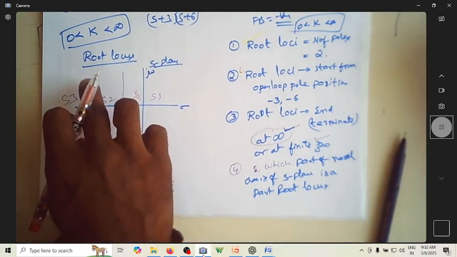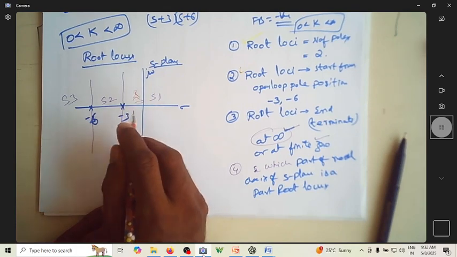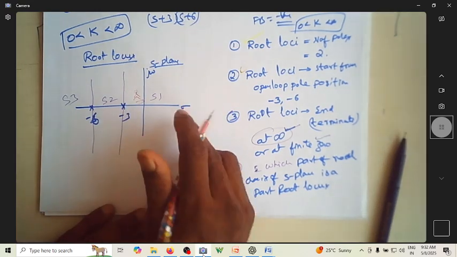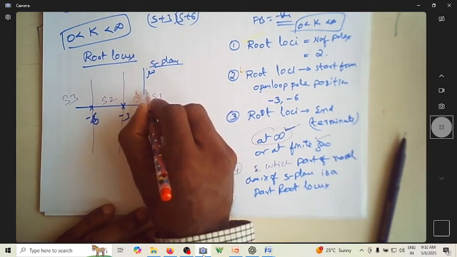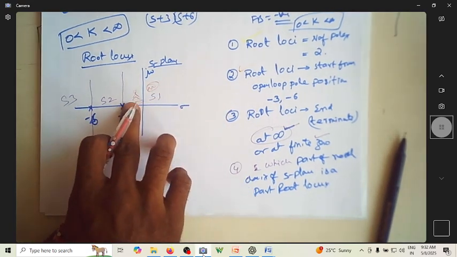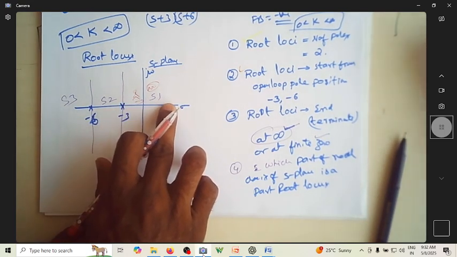This is one partition, this is another partition. I am standing here. I look towards the right. How many poles plus zeros are there? There are no poles and zeros to the right of it. If there are no poles and zeros, then this is not a part of root locus.